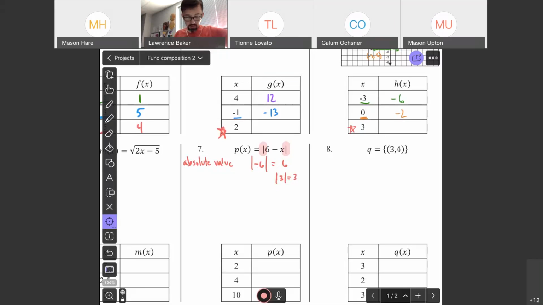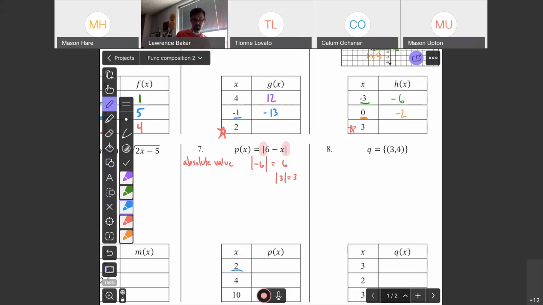Kenzie, if I wanted to do 2 here, how would I start that? Can you repeat that? If I just want to do this first, if I want to find out when x is 2, how would I start this problem, Kenzie? I don't know.